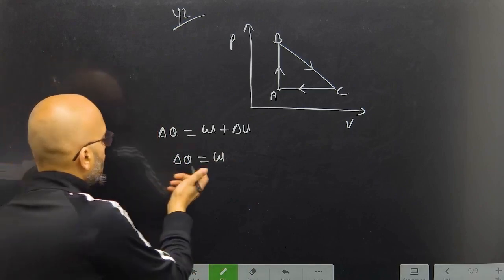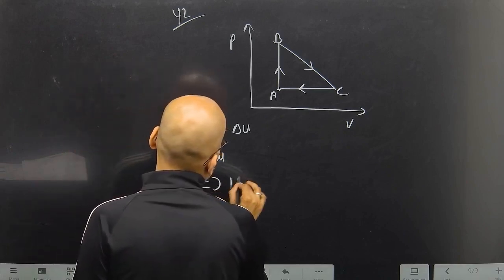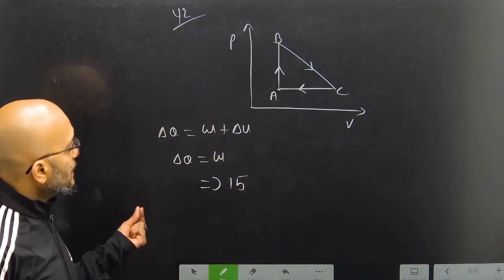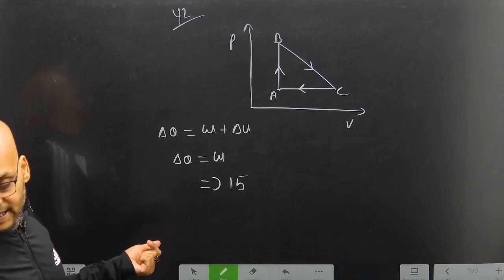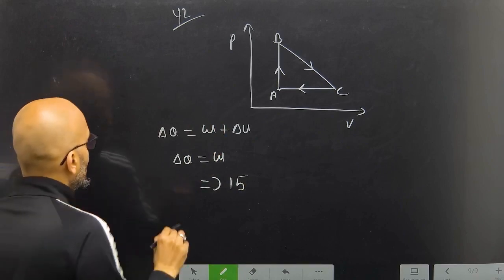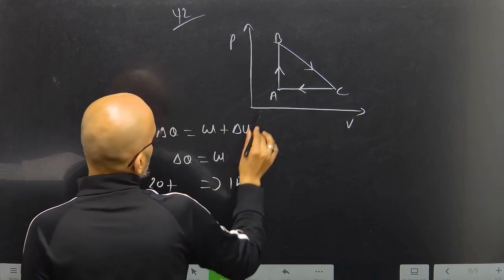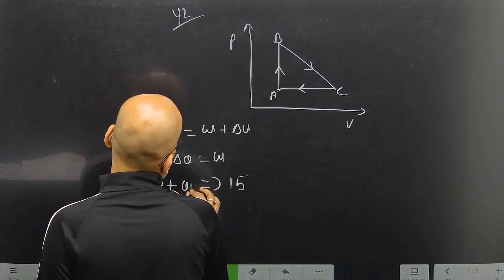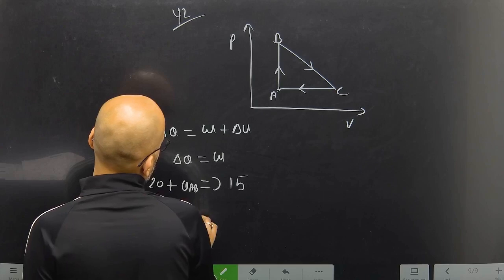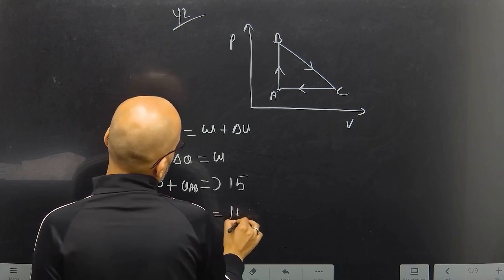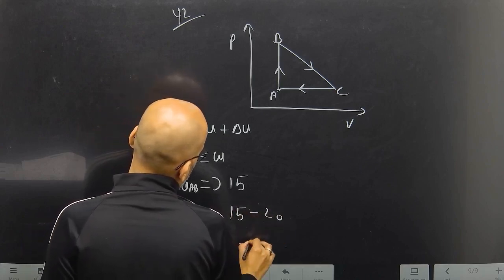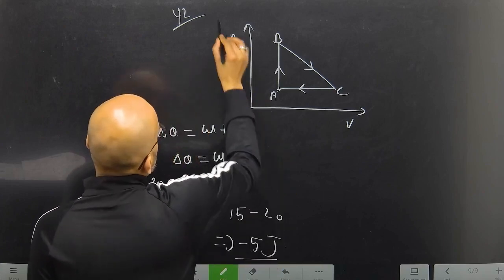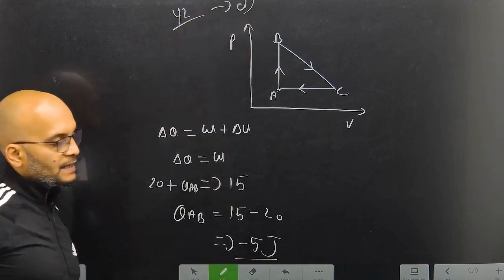Total work done is given as 15. Delta Q for CA is 20 plus delta Q or heat for AB, which we need to find. So QAB is equal to 15 minus 20, that is minus 5 joules. So option D is correct. Clear?